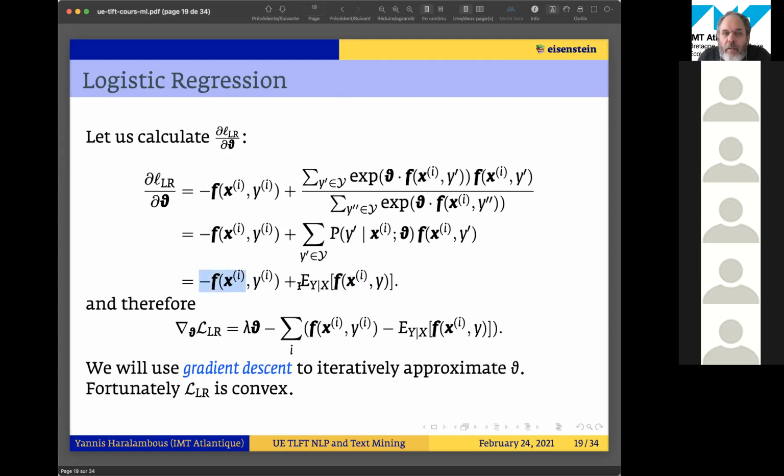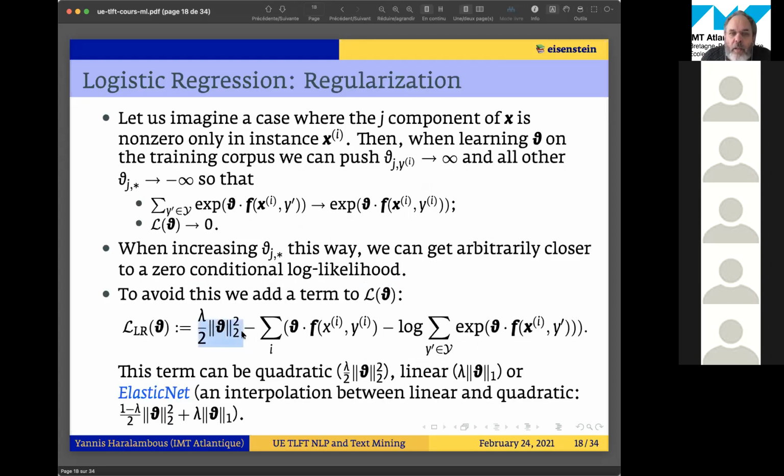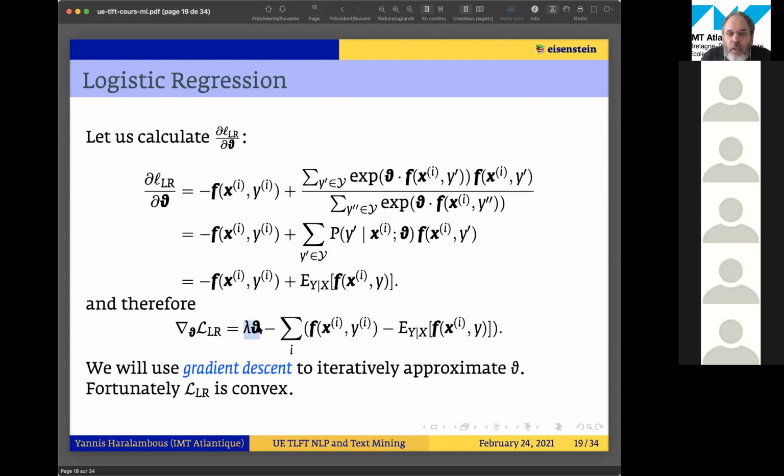If I can get the expectation close to the real values, then it means that I have a high likelihood and a low loss. So it's quite intuitive. And of course, to this thing, we add the part that comes from regularization. And so we get also here a lambda theta if our regularization is quadratic.